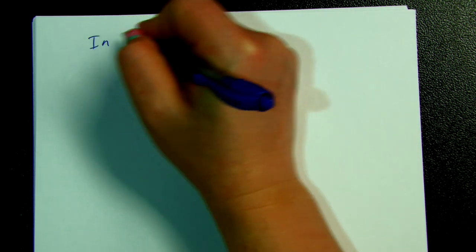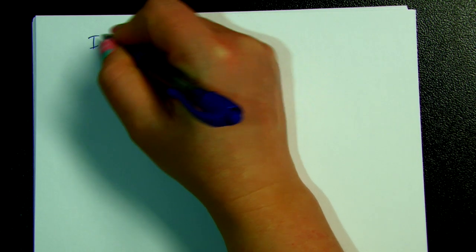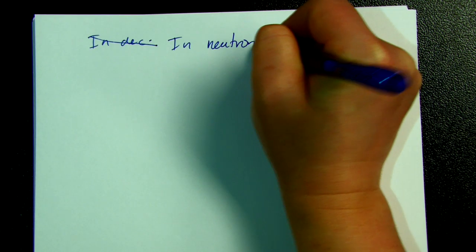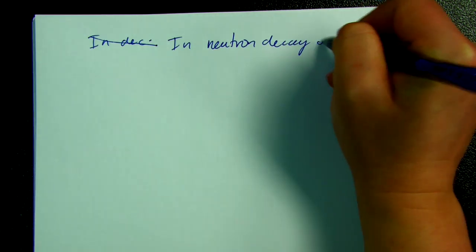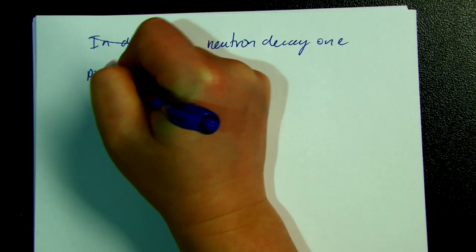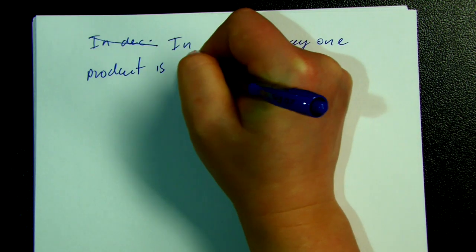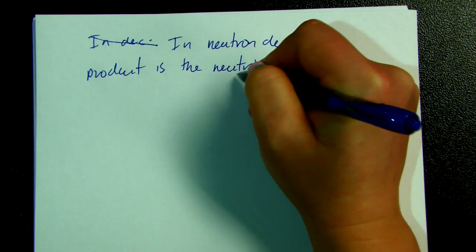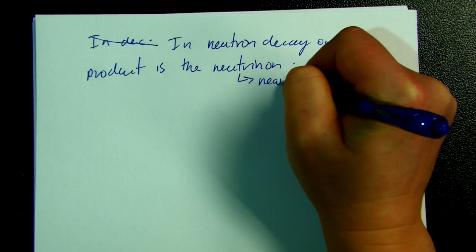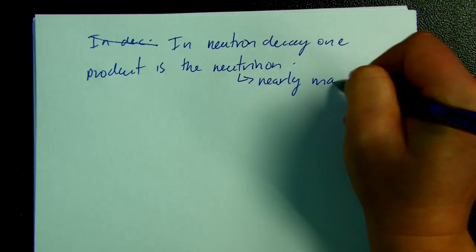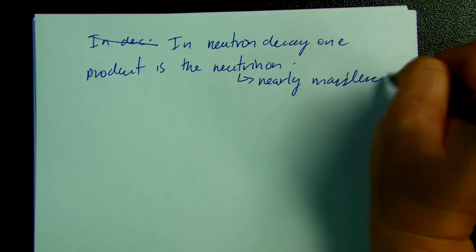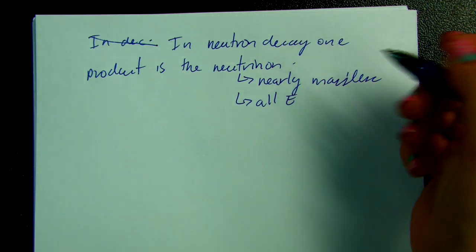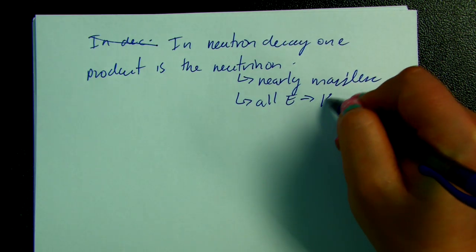So in neutron decay, one product is the neutrino, which is nearly massless. So we'll treat it as though all energy is in the form of kinetic energy.